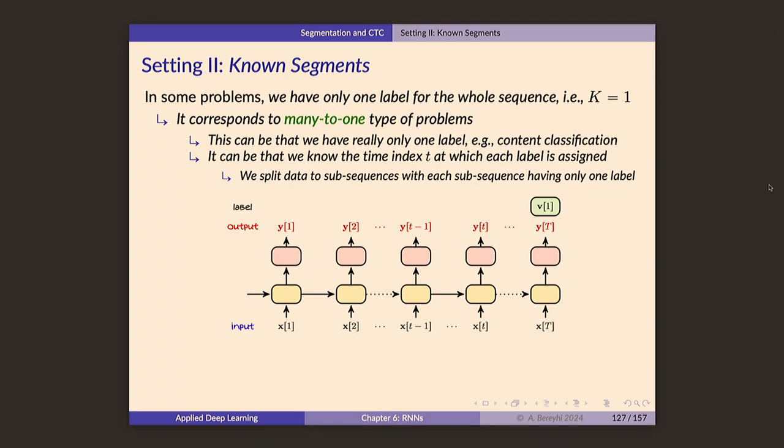And given that you do that, what about inference? How do you want to read the output? Again, you don't know the segments. Here, we assume that we really do know that every sequence going into our neural network is just going to be labeled with one label. Then that is easy, right? Because, for example, it might be a kind of competition.